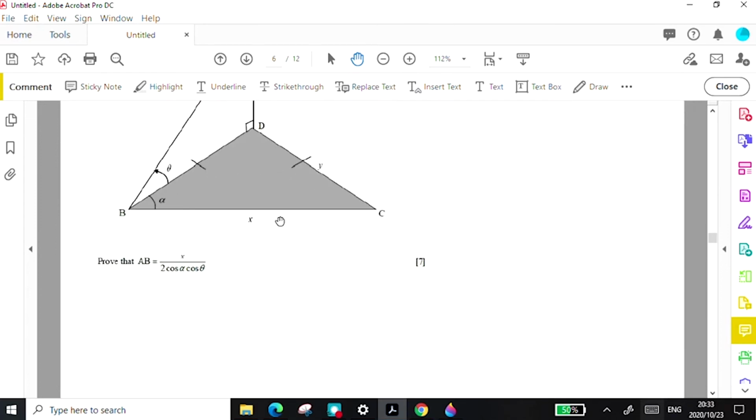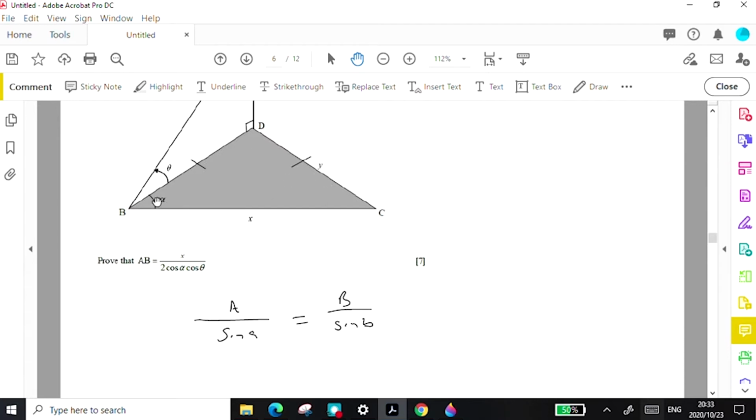So here we want to use x, and we also want to use alpha, and we want to use these. So the best way of using all these values is maybe using the fact that a over sine a is equal to b over sine b.